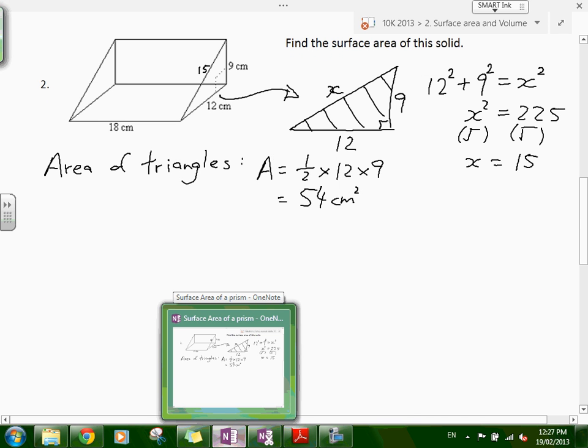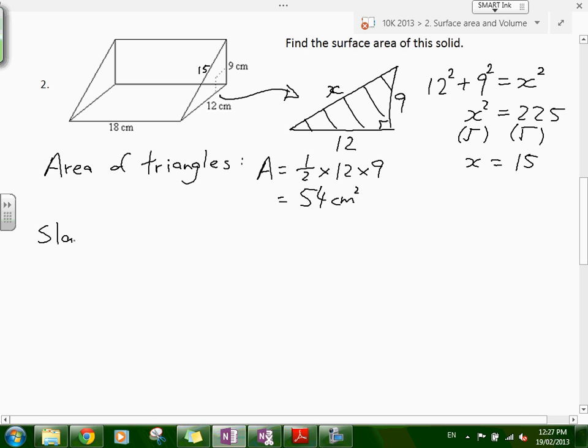The next thing we need to do is to find the slanted side. What are the dimensions of this slanted rectangle? Thomas? Yeah. A equals 15 times 18, which equals 270.